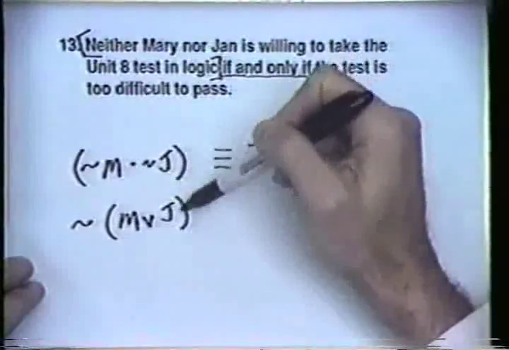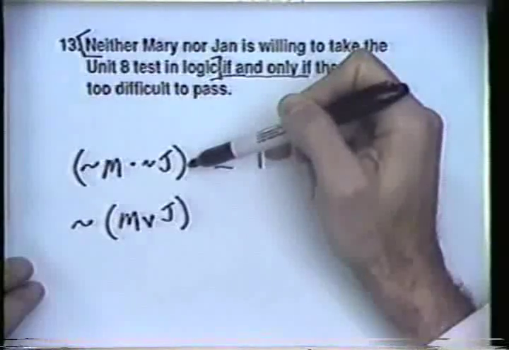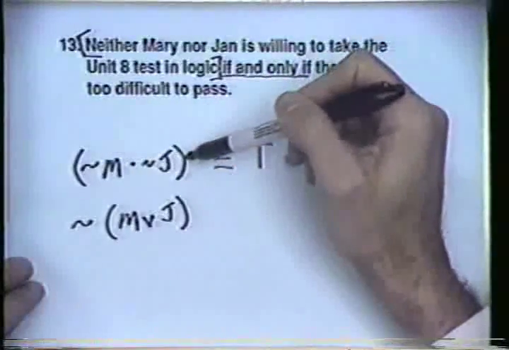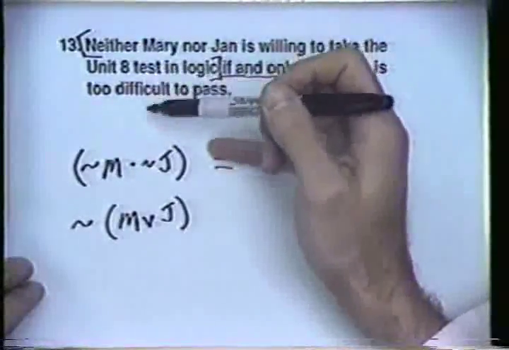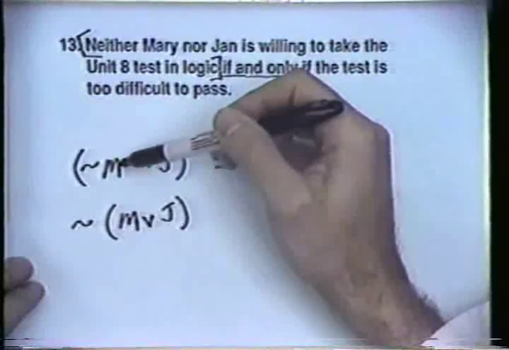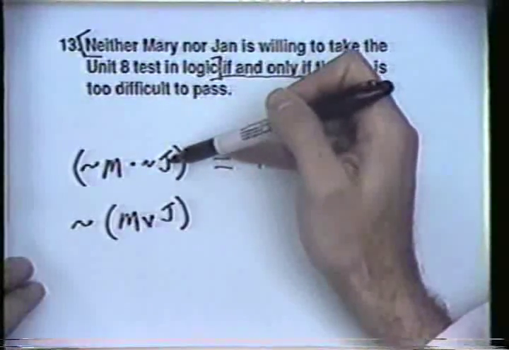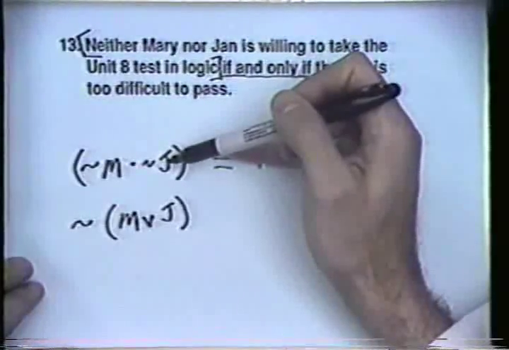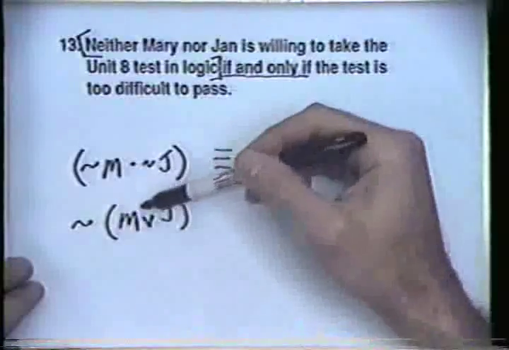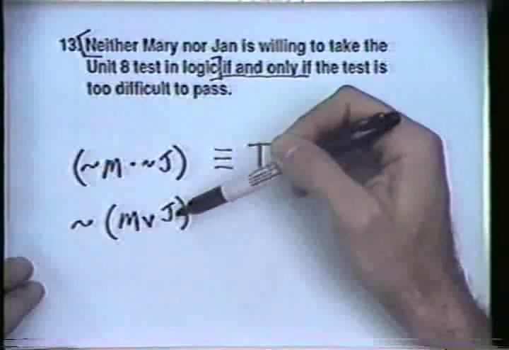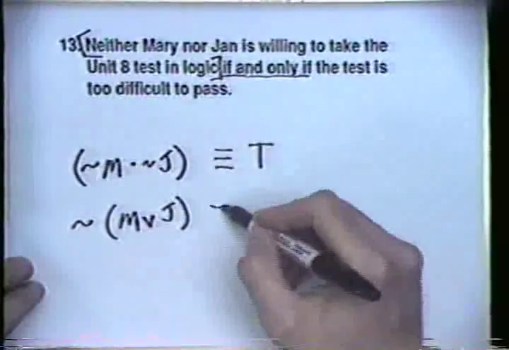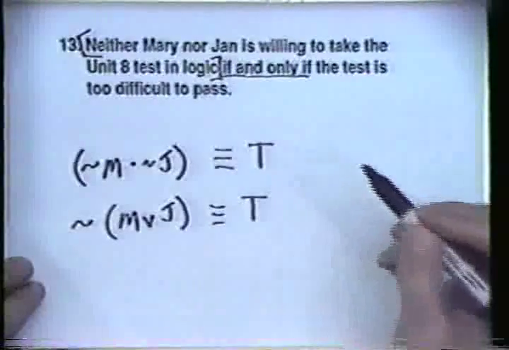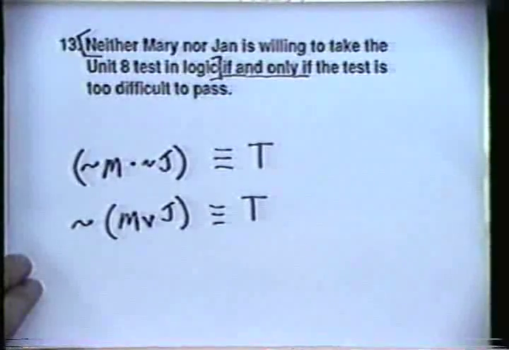But sentences of these two forms are in fact equivalent. This one in English would be said, it's both the case that Mary isn't willing to take the test and Jan isn't willing to take the test, and that, I think you can hear, is the same or equivalent to it's not the case that either Mary or Jan are willing to take the test. So either one of these symbolizations would be correct.